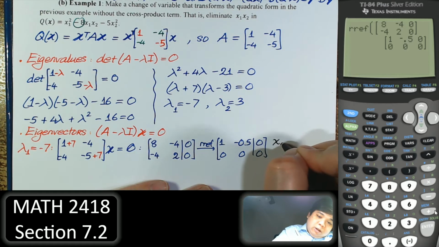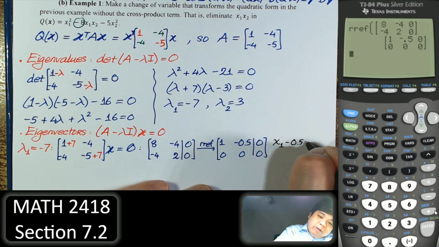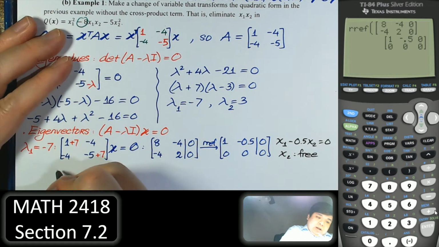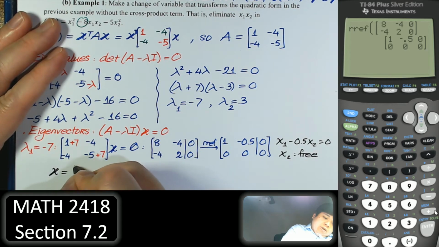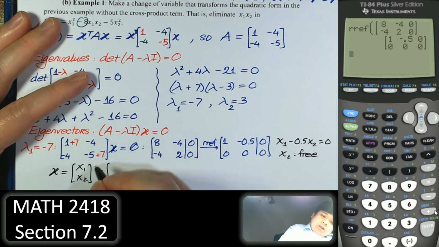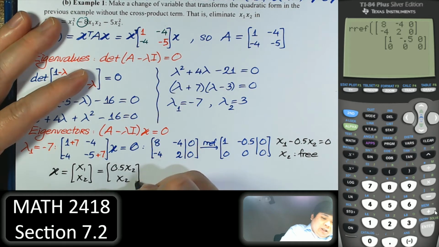So x1 minus 0.5 x2 equal to 0, and x2 is free. So x equal to x1, x2, where x1 will be 0.5 x2. Factor out x2.